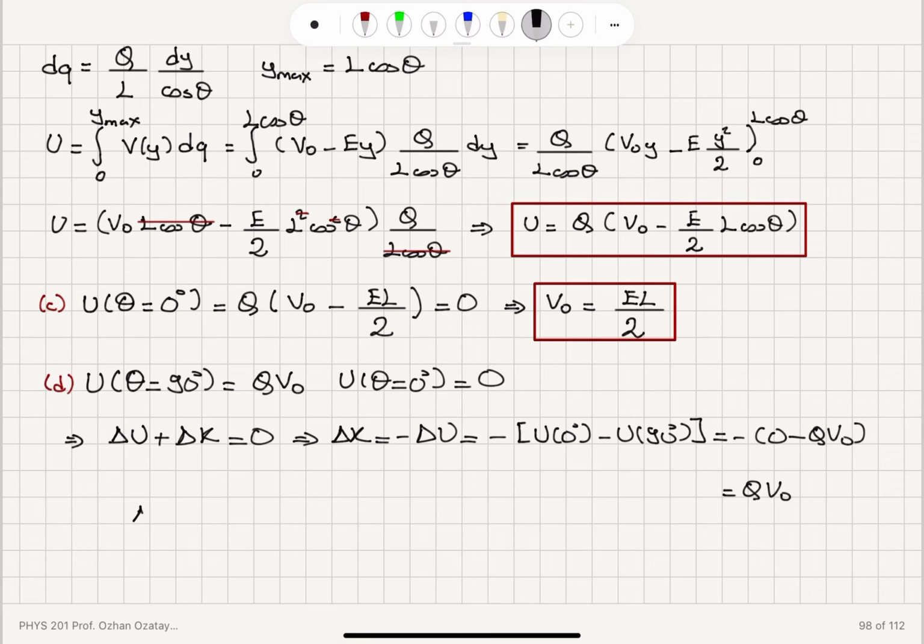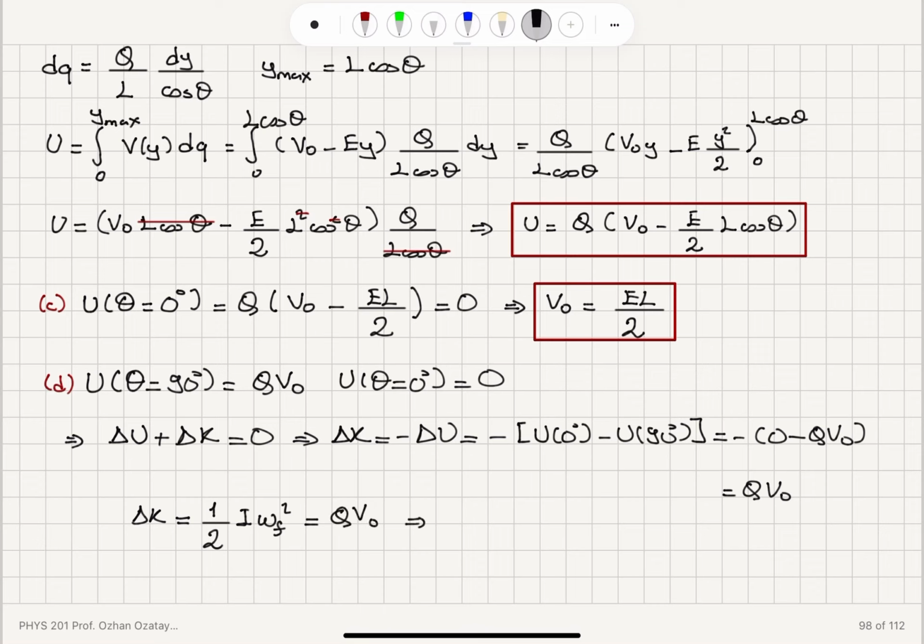So the change in kinetic energy, delta K: initially the bar was at rest, finally it is rotating, so it has rotational kinetic energy, 1 over 2 moment of inertia I omega final squared. This is equal to minus the change in potential energy, which is Q times V0.